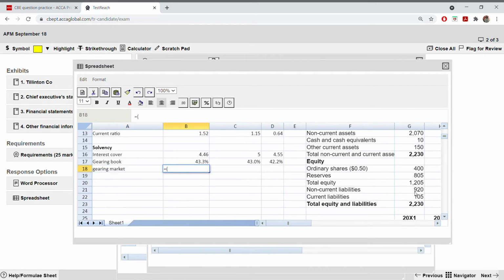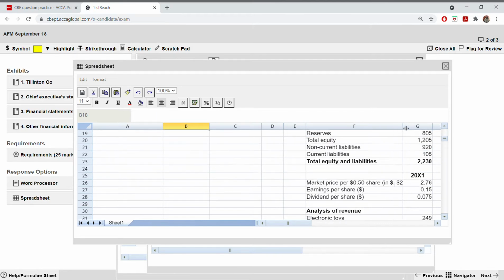Your non-current liability divided by non-current liability plus reserves will remain as it is, plus now comes your share capital, the market value of share capital. Here we are not taking the reserves in the market value.